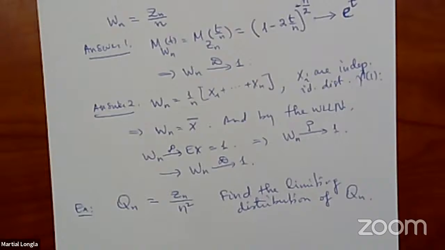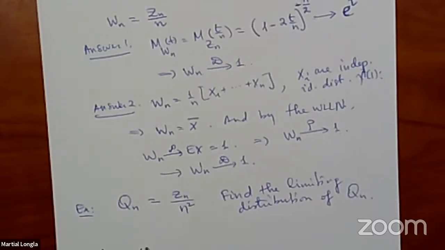Got the answer? Is that zero? He says it's zero. Who else thinks it's zero? You think so? Okay, so what did you guys get for the moment generating function? So the MGF of Qn at t equals what?